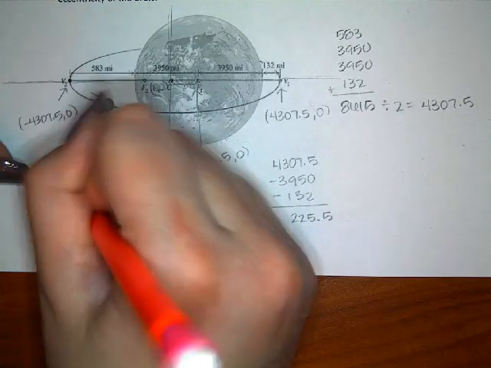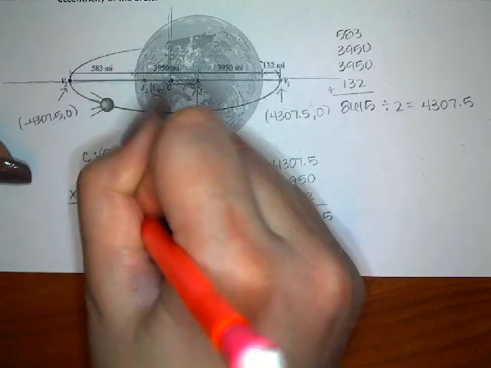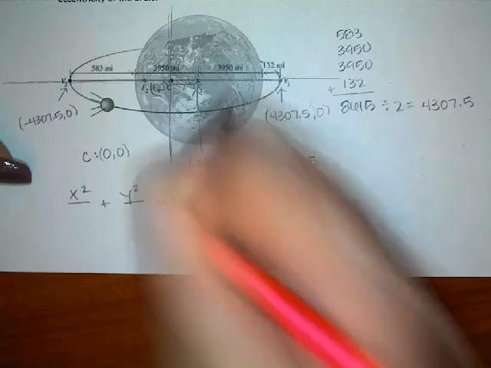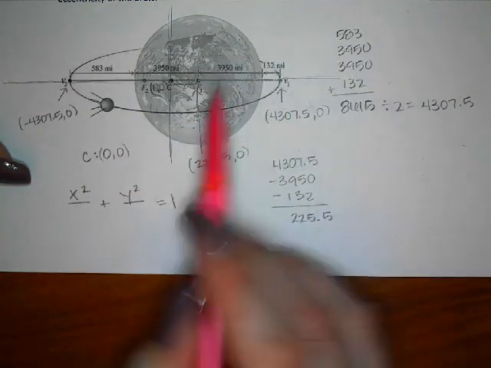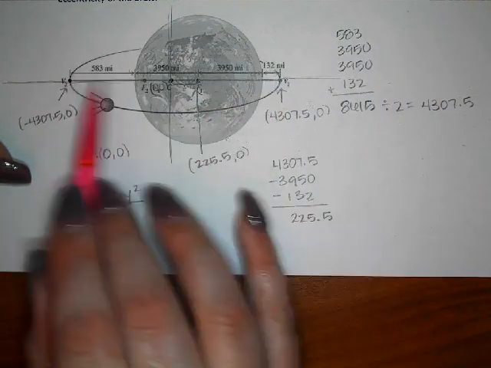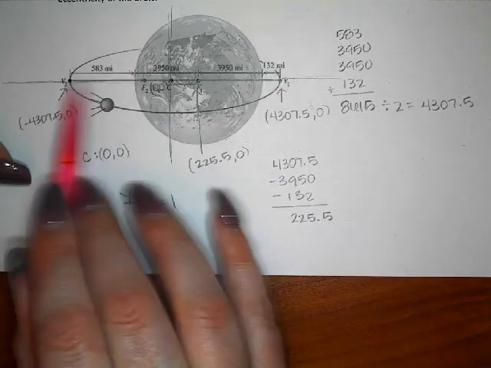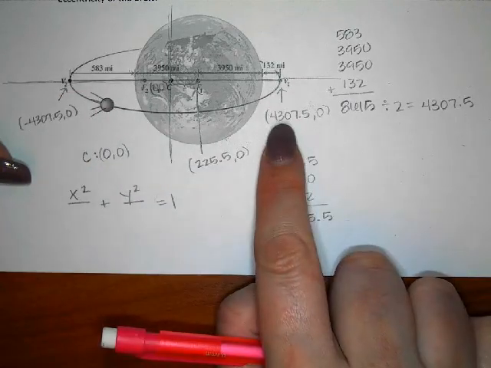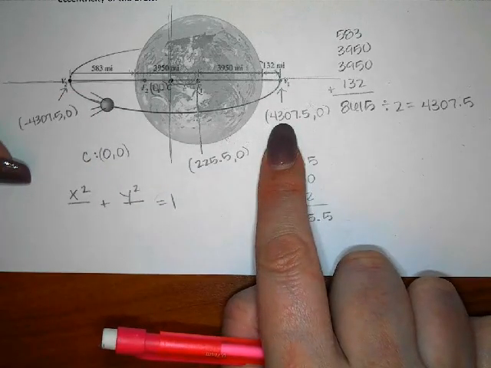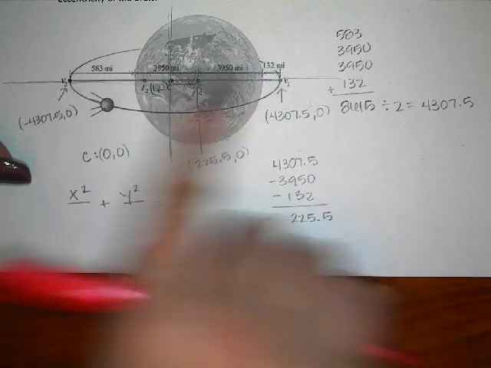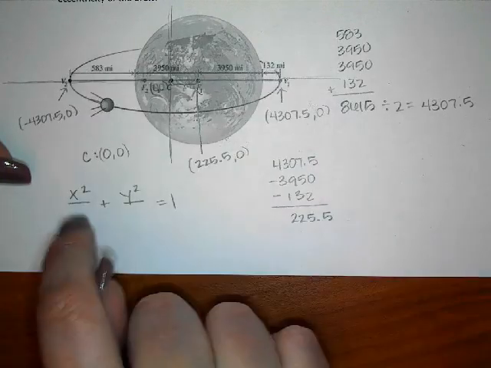I can see that this left and right part, 4,307.5, is like my left and right radius. And so that's going to go underneath the x, that number squared.